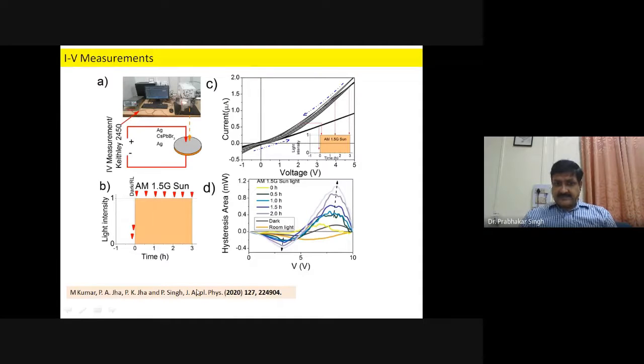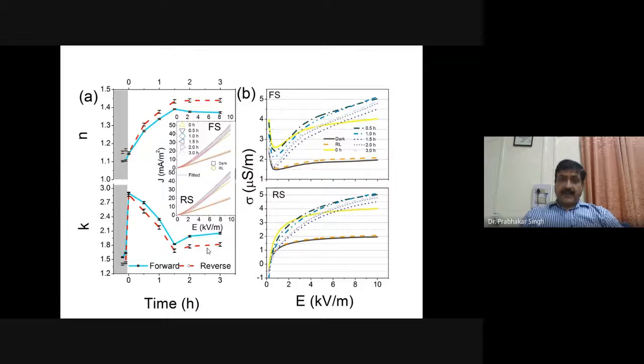We published this paper recently, about 10 days ago, in the Journal of Applied Physics. You can see that the hysteresis area increases with time. We tried to understand why the hysteresis area is increasing and what charges are being created in the system.